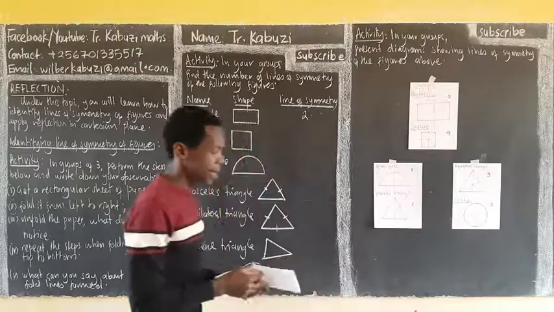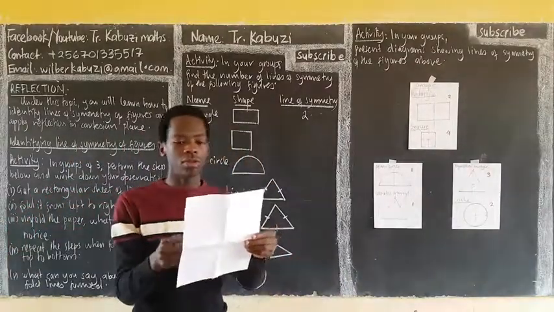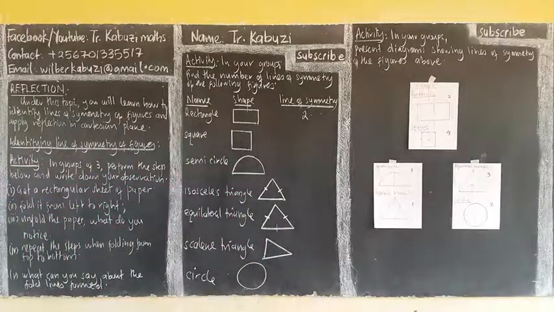So for a square, if you can divide this paper into 2, let me get anyone with a scissor? Okay. So you see what happens there. You want to divide that into a square and see if the lines of symmetry are going to be the ones they are telling us there.